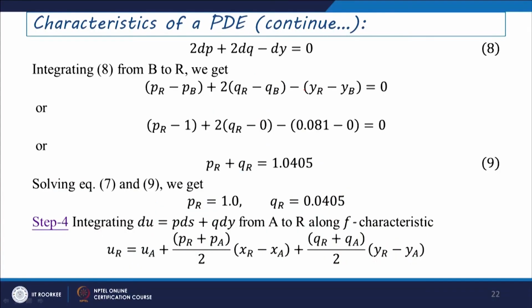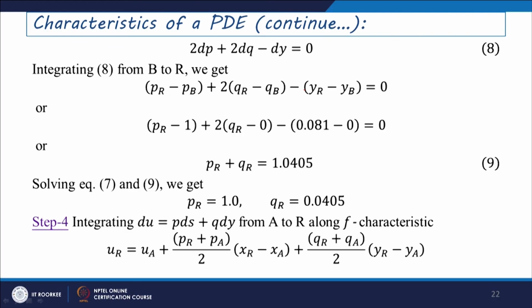If we integrate this equation from b to r, we get pr minus pb plus 2 into qr minus qb, minus yr minus yb, this equals 0, or pr minus 1, since pb is considered as 1 there, plus 2 into qr minus 0 minus 0.081 minus 0, this equals 0. So, pr plus qr equals 1.0405 here.